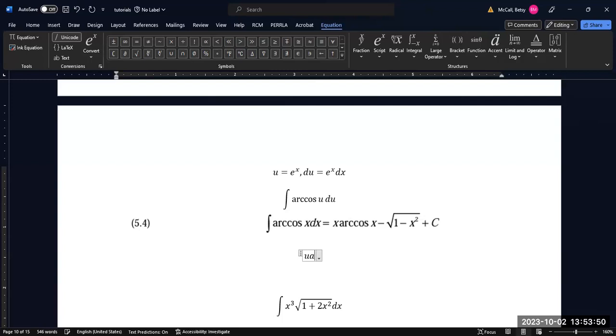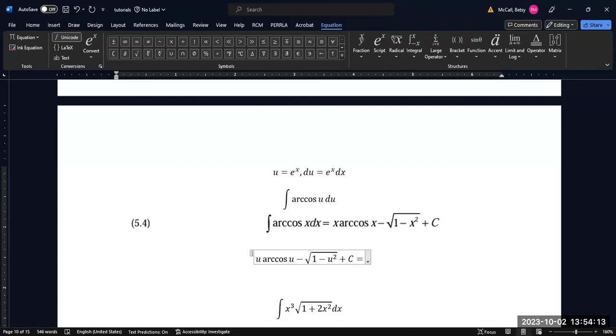And so we're going to apply this rule, and we're going to end up with u arc cosine u minus the square root of 1 minus u squared plus c.